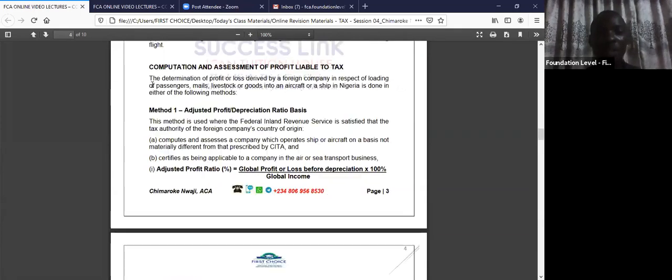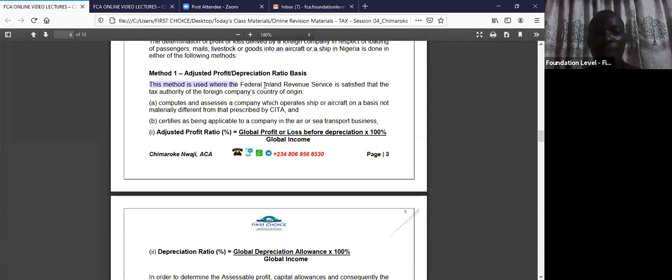So this method is used where the FIRS is satisfied that the tax authority of the company's country of origin computes and assesses a company which operates ship or aircraft on a basis that is not materially different from what Nigeria is doing, and that the FIRS certifies as being applicable to a company in the air or sea transport business.